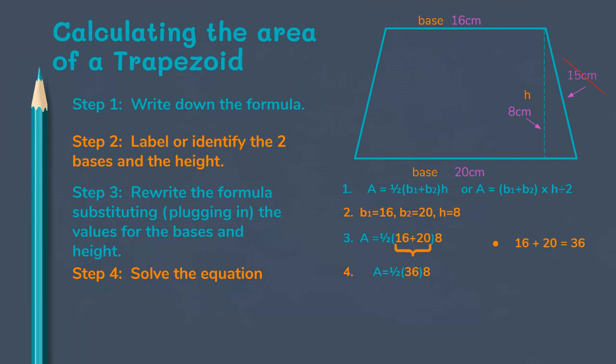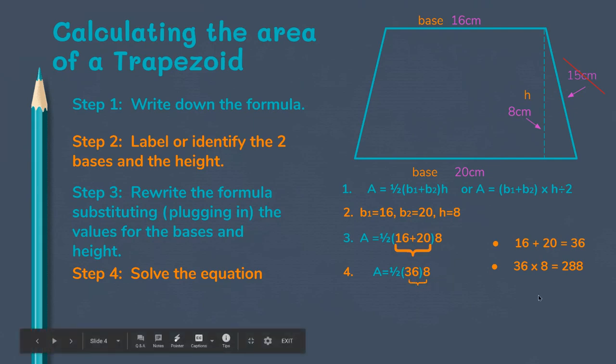So this time, I think what I'm going to do is take that 36 times 8, and figure out what that is first. So I get 36 times 8, and it's equal to 288. So you see how we took that 36 and the 8 right here, and we just multiplied it together, just like our formula said.